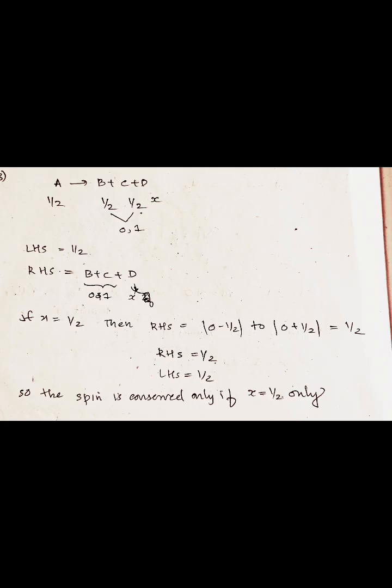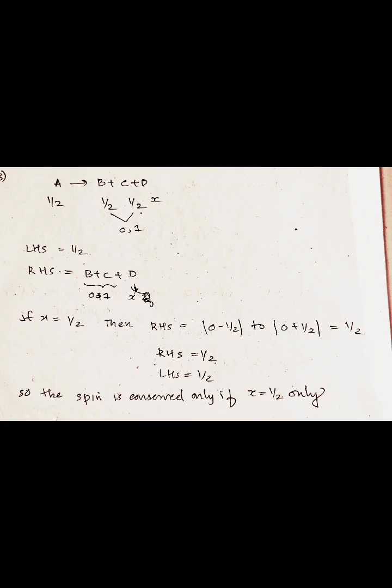Let the spin of D be x. So here we know that the LHS has the spin value half and the RHS spin value is 0 or 1 plus x. So if x is equal to half, then if B plus C is equal to 0, the RHS value is equal to 0 plus half.